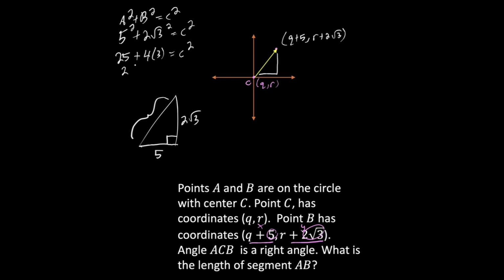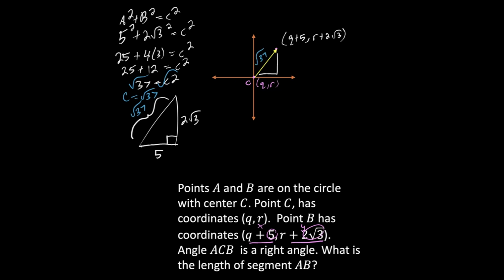So right now we've got 25 plus 12 equals C squared, and that adds up to 37. Square root of both sides, and C is the square root of 37. And that's the length of our hypotenuse. So we'll go ahead and label that on the XY axis.